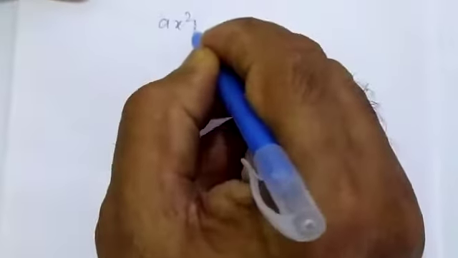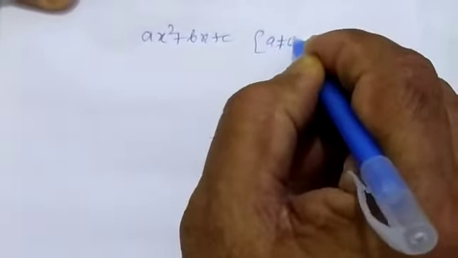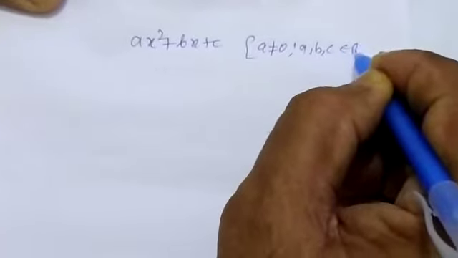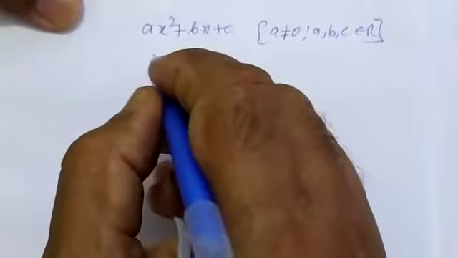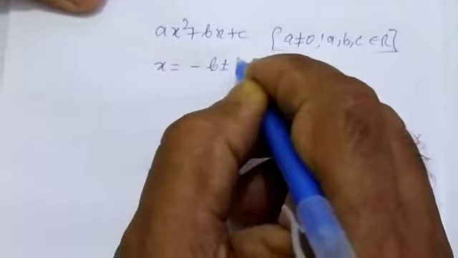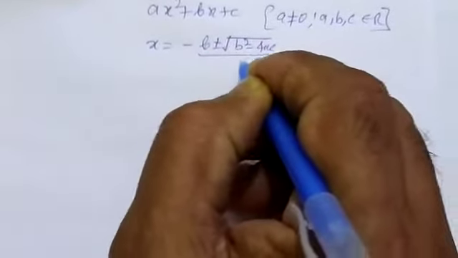The same thing will happen in the case of quadratic polynomials. Quadratic polynomials are of the form ax square plus bx plus c, where a can never be 0 and a, b, c are reals. On solving, we get x equals minus b plus minus root b square minus 4ac by 2a.